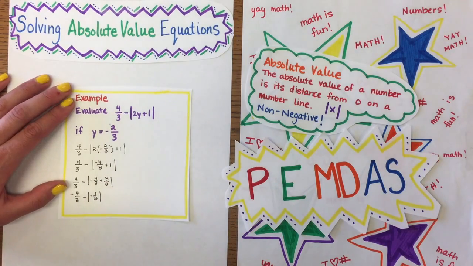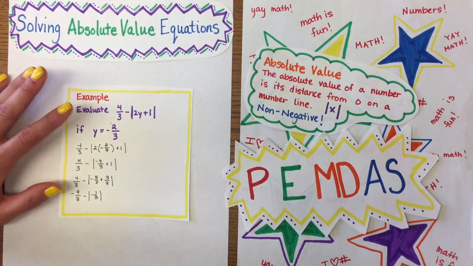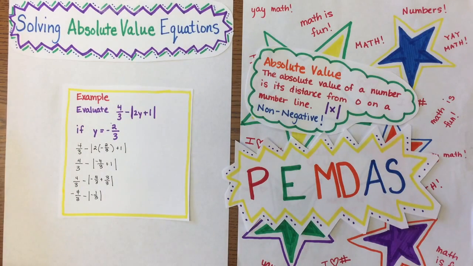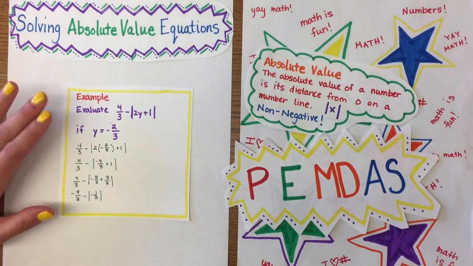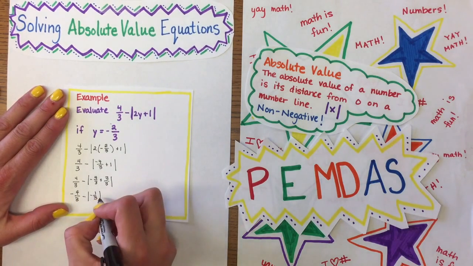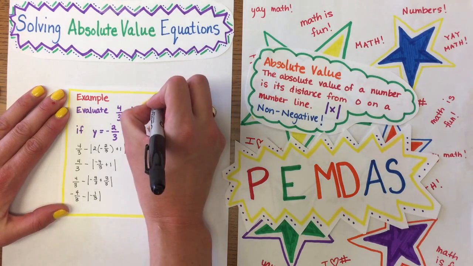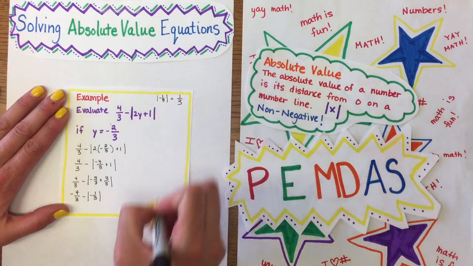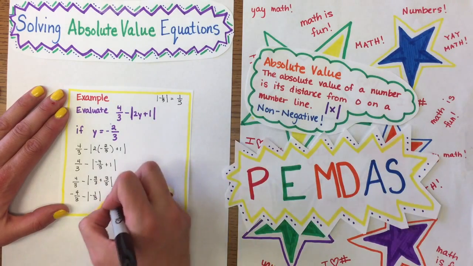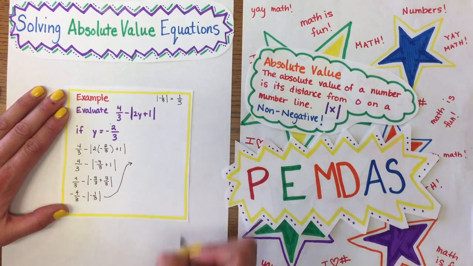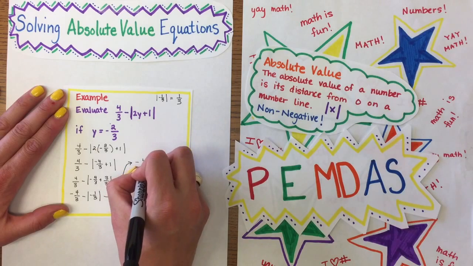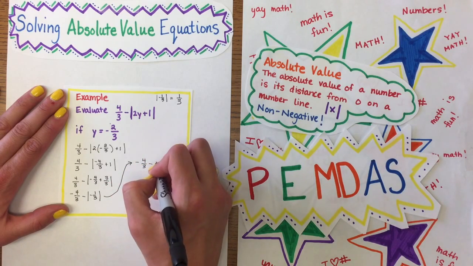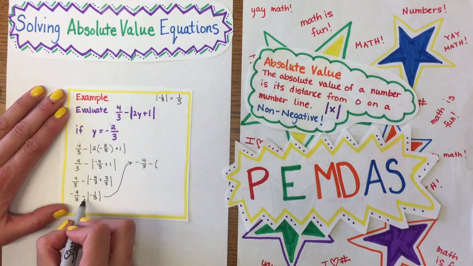Now that I have simplified what's inside my absolute value, I need to handle the absolute value. What that means is that I'm asking myself, how far from 0 is -1/3? And the answer is that it is +1/3. So the absolute value of -1/3 is the same thing as +1/3. So this is -4/3 minus, and this negative is on its own.